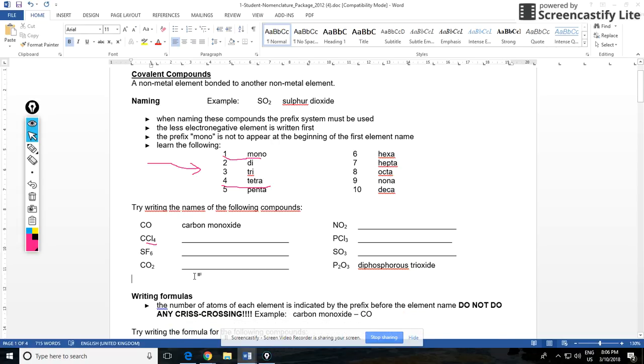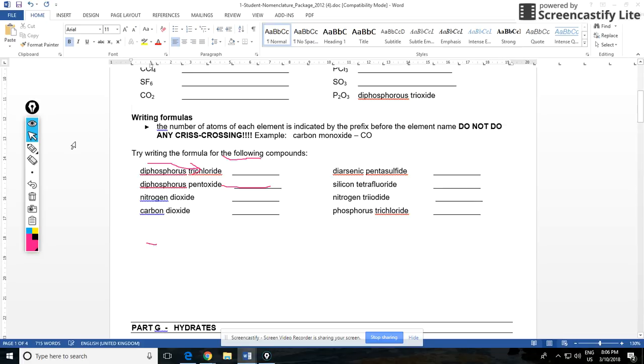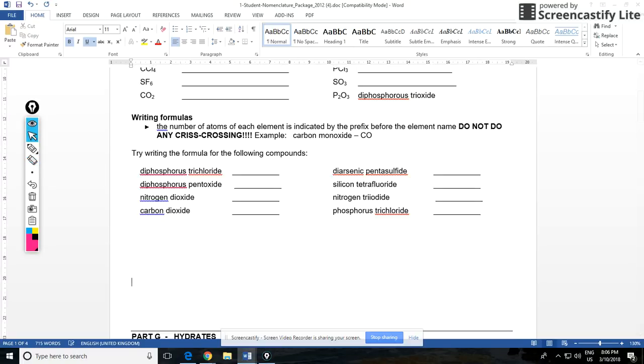Now we're going to take a quick look at how to write formulas for covalent compounds. The formula writing for covalent compounds is a little bit easier than writing for ionic compounds, because you don't really have to do a crisscross. You don't have to do a charge balancing. You really just write the formula based on the prefix that's provided. So it just really requires you to know what the prefix is.